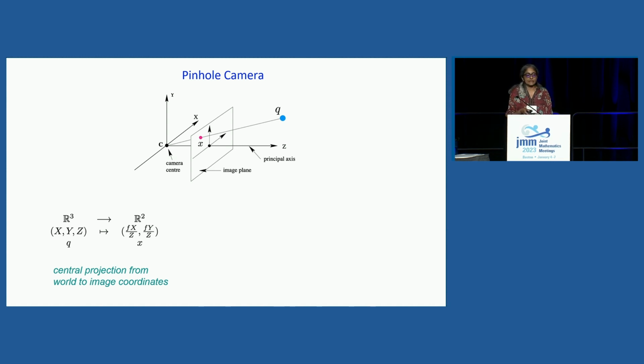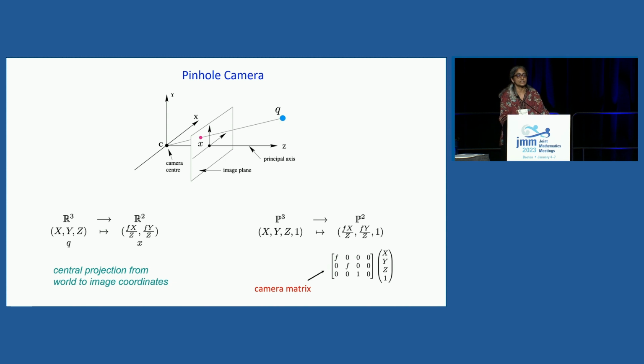And the unfortunate feature of this map is that it's a rational map, which is not too bad, but there is actually a nice way to linearize it. So in vision, what you do is you bump everything up into projective space by adding a fourth coordinate. So the world point now becomes X, Y, Z, 1, and then it gets mapped to the image point, which also has this 1 at the end.